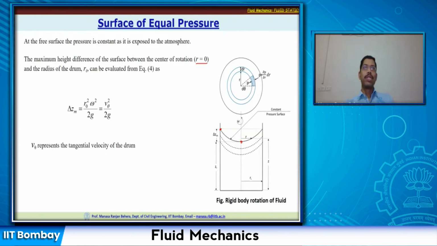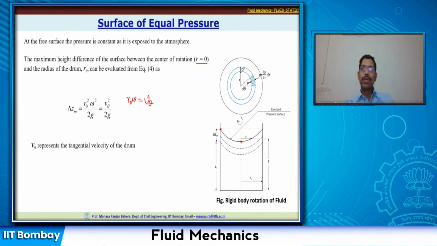Okay. So because here r is r0, so we are writing r0 square omega square by 2g, and we know that r0 omega is nothing but the tangential velocity of the drum. So that is nothing but your v theta.